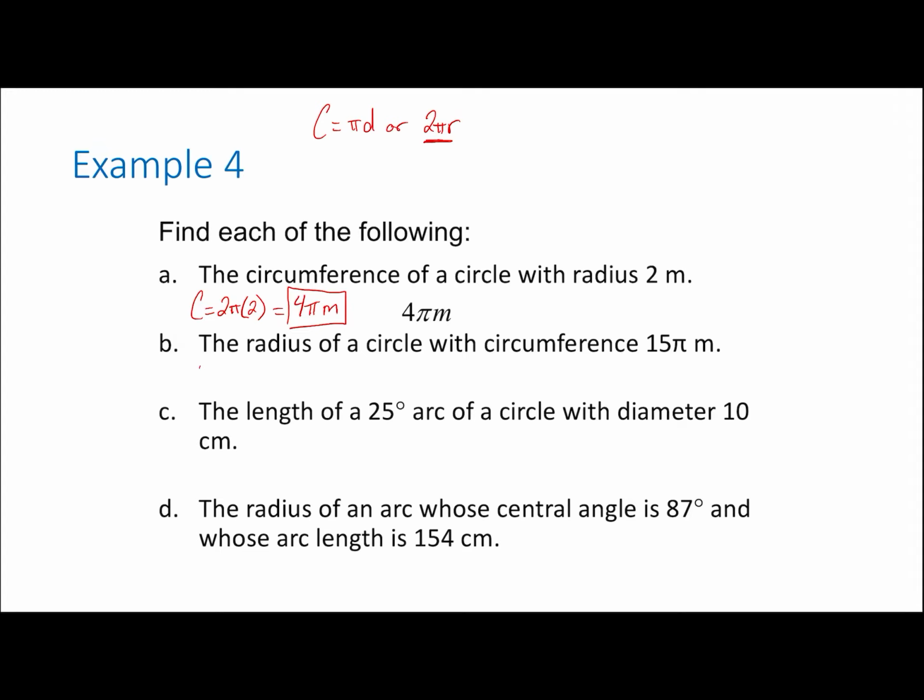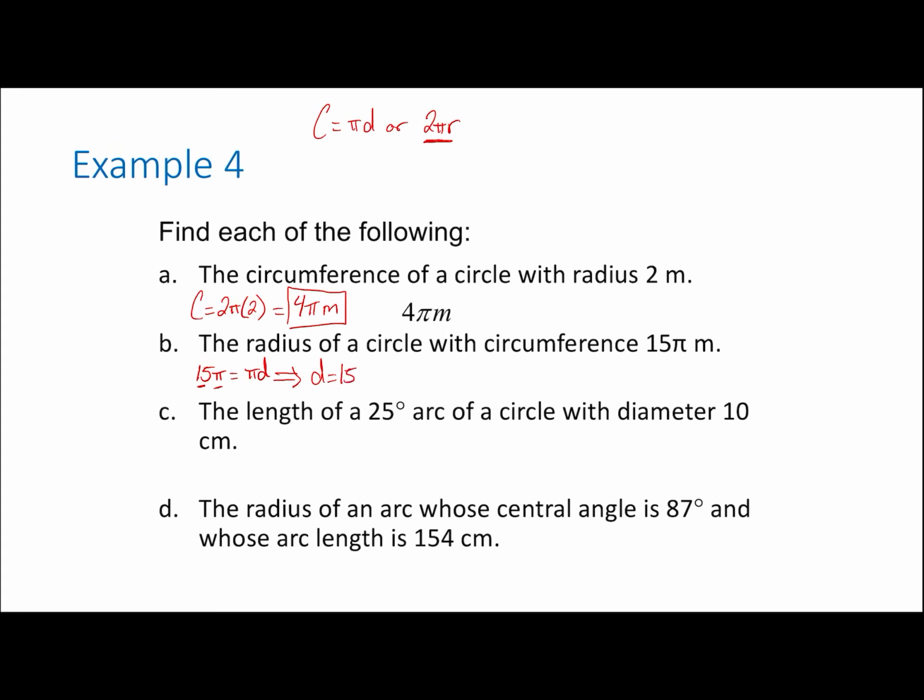If our circumference is 15 pi, and that is equal to pi d, then that means our diameter must be 15, right? Because it's diameter times pi. And so this implies that d is equal to 15, the diameter.